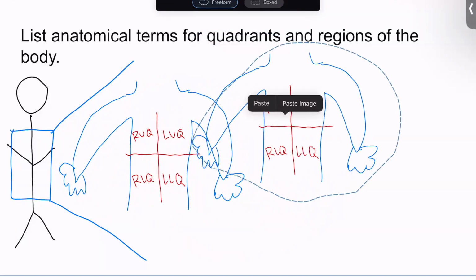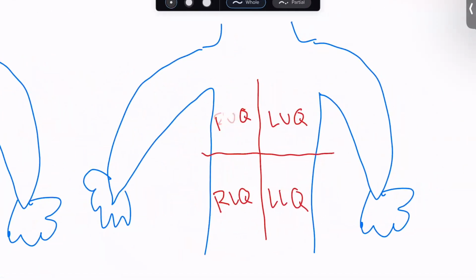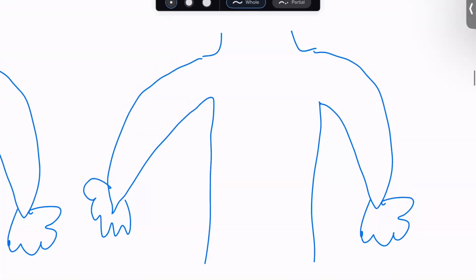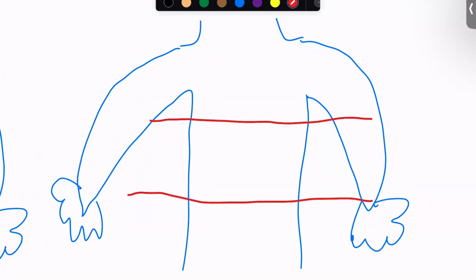So now if we have the same thing right here, except this time, we're splitting up into the 9 abdominal regions. Hold on just a second. Sorry, my pen was not working real well. So we're splitting it up here. We'll go 1, 2, and then 1, 2, like this.